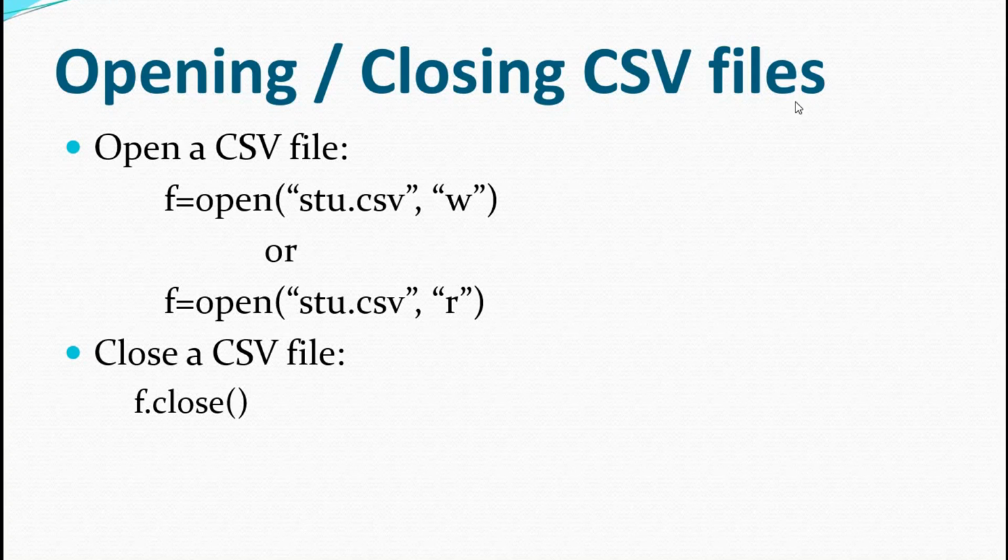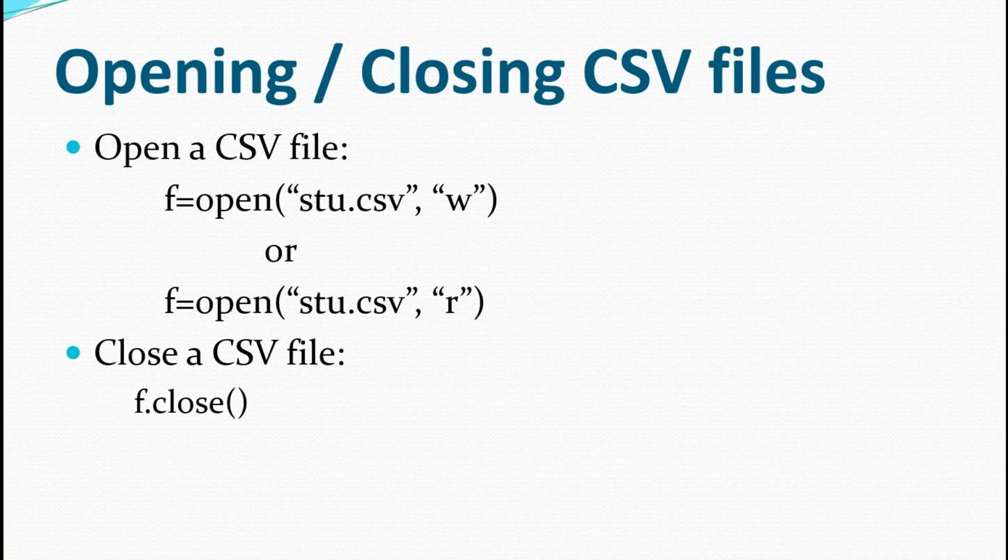One more parameter is also present in the open function, that is called newline. Newline is an optional argument. We will discuss this third argument afterwards. If you want to open your file in read mode, you have to write r instead of w. Here r means read, w means write, and all remaining things are the same.